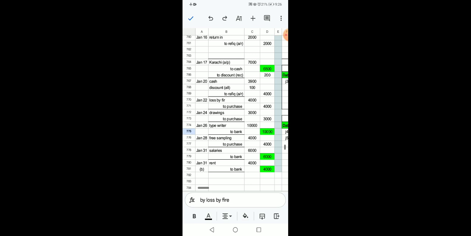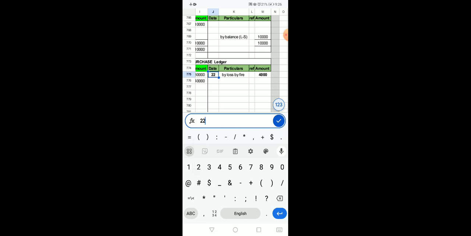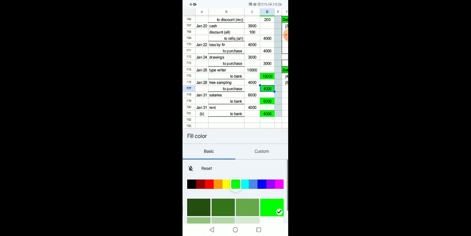This was the entry, and the date is January 22. Put the date as January 22 over here. Entry has been completed, posting completed. 4,000 needed to be posted on the credit side. We have posted this amount, mark it as done.